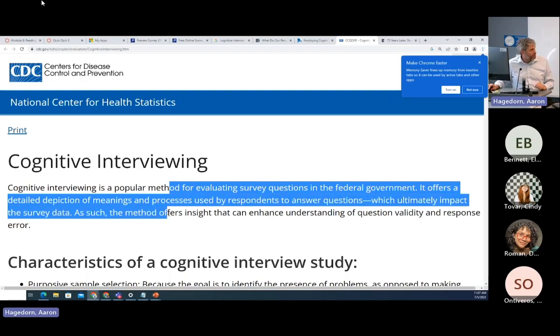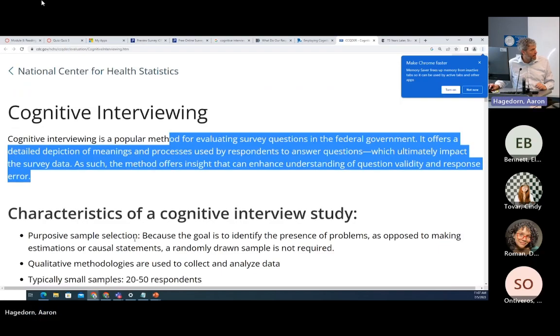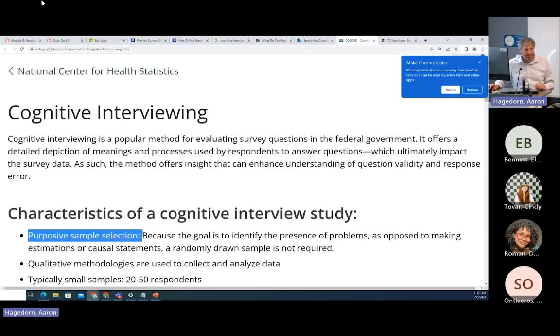We have different variations of it, and we start off with a purposive sample selection, which you guys hopefully remember what that means. You're specifically finding people that meet certain criteria, right? Because the goal is to identify the presence of a problem as opposed to making estimations or causal statements.